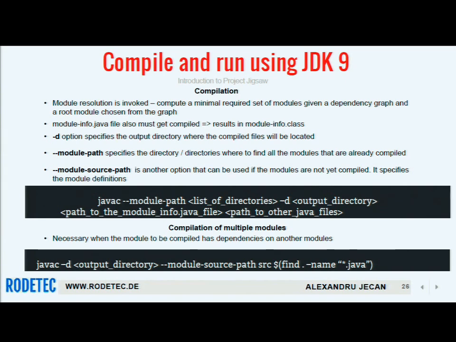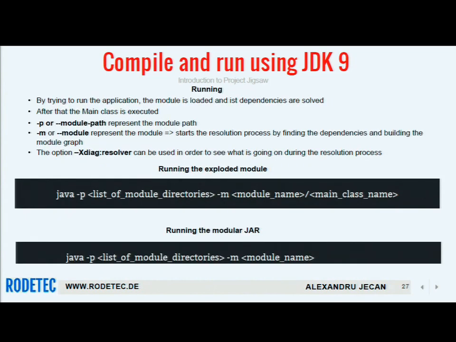This is a path to the module-info.java file. And there is a difference between module path, where you find all the modules that are already compiled, and module source path, where you find the ones that are not compiled. But you can also compile everything using find -name *.java, and you compile everything and put it in the output directory.